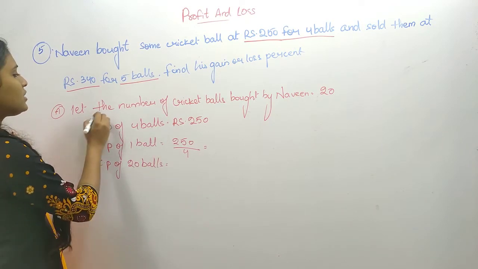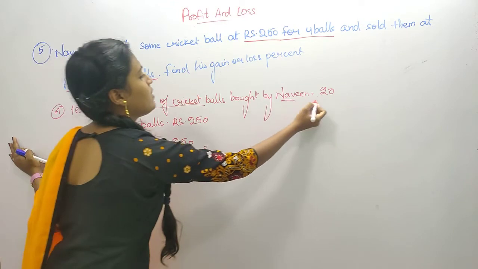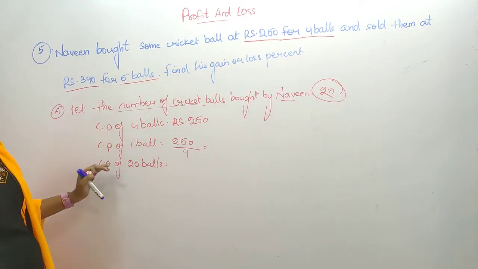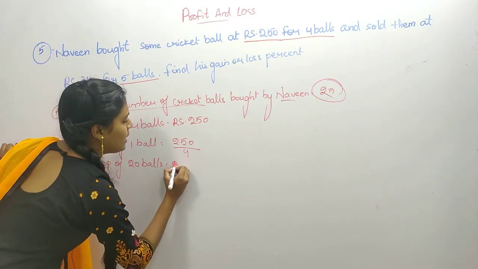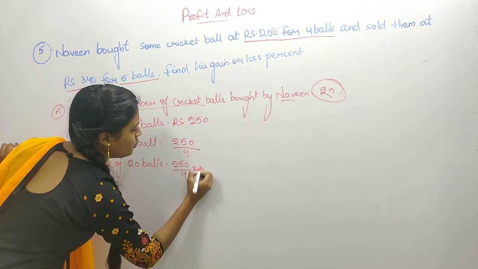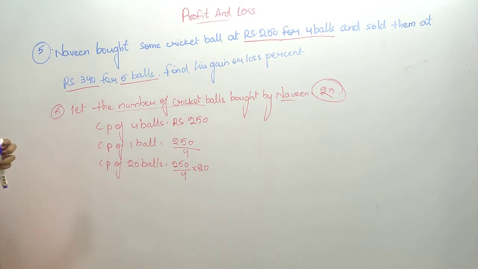In the beginning we took the number of cricket balls bought by Naveen as 20. Then we also have to find the cost price of 20 balls. Means what will we do? 250 by 4 into 20. Do the cancellation.